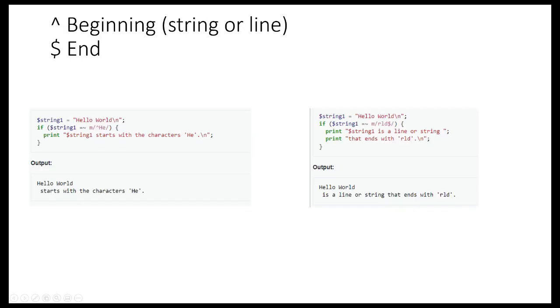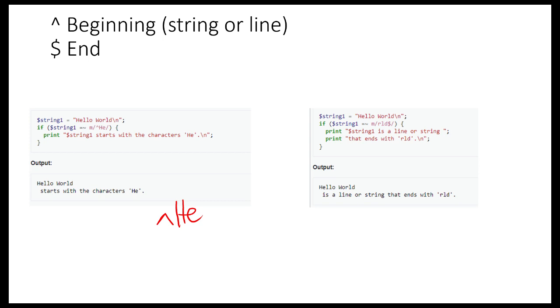And then we can match the beginning and the end of a string or a line, and we do that with the caret. I think it's called a caret. This says the beginning of the line. So in this case, we're matching HE.